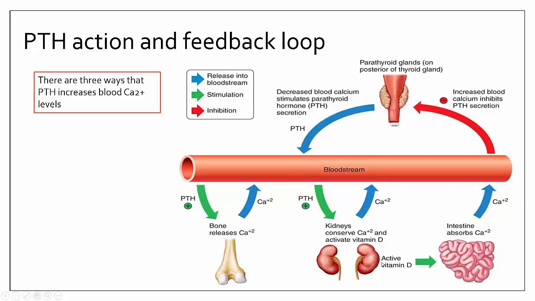That active vitamin D coming from the kidneys stimulates the intestines to absorb more calcium from your diet, okay? So active vitamin D means the intestines are going to take more calcium in, and then that will be in your blood. So there are 3 mechanisms by which parathyroid hormone increases blood calcium. Increases in blood calcium inhibit further secretion of parathyroid hormone.